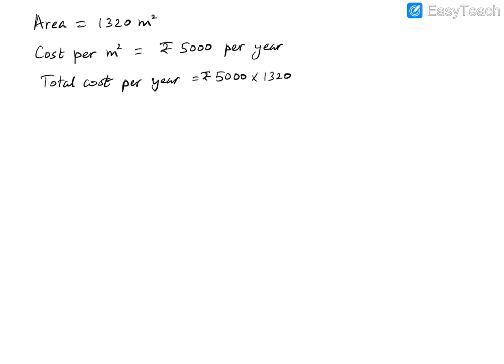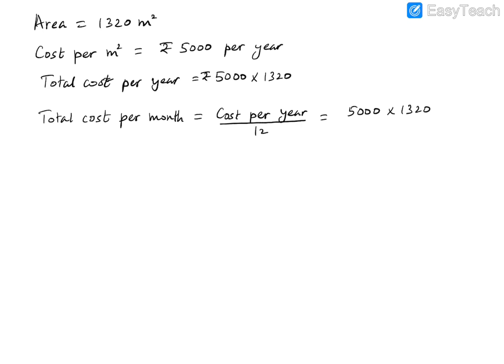So we are interested in finding it for 3 months. So let us now calculate cost per month. So total cost per month will be the total cost per year divided by 12, because we have 12 months in a year. So that will be 5,000 into 1320 divided by 12.